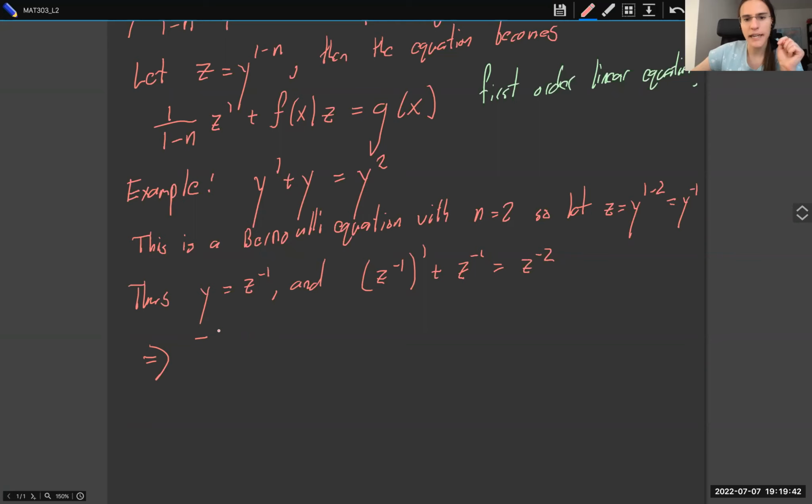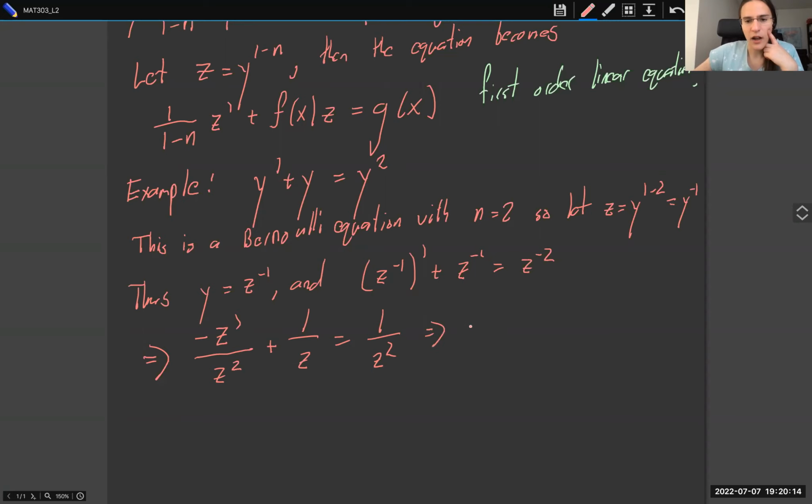So we get minus z prime divided by z squared. So this is by chain rule, because z is a function of x as well. And then 1 over z is equal to 1 over z squared. And then, of course, we multiply everything by z squared.